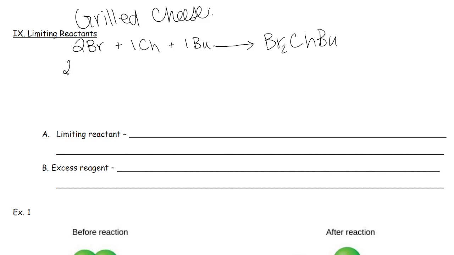Okay, so she picks up 1 loaf that has 24 slices. And then she picks up 1 package of cheese that has 8 slices. And then she picks up 1 pound of butter, which has 32 tablespoons.